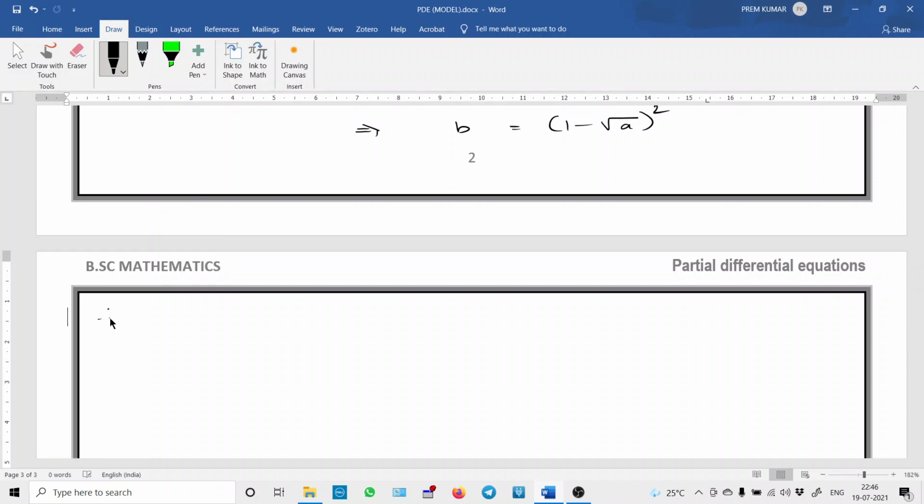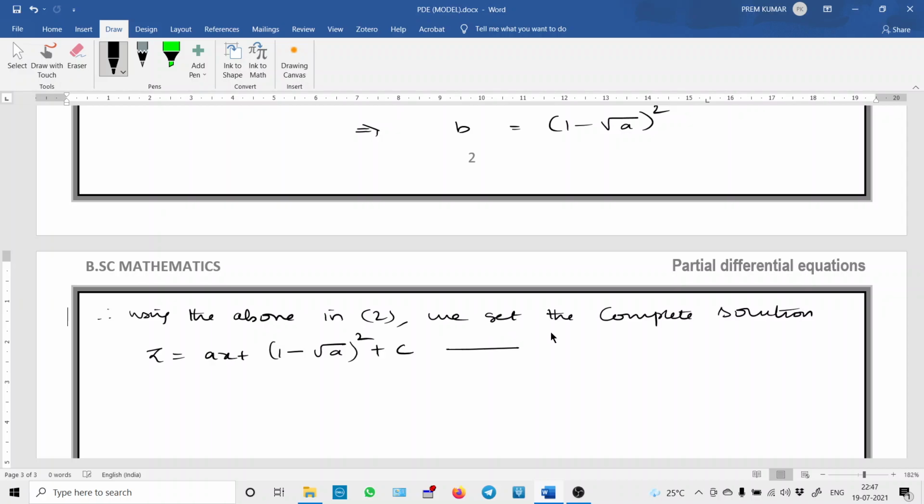Therefore, using the above relation in 2, we get the complete solution, say z equals to ax plus by, which is nothing but (1 minus square root of a) the whole square times y, plus c. I name this equation as equation number 3.